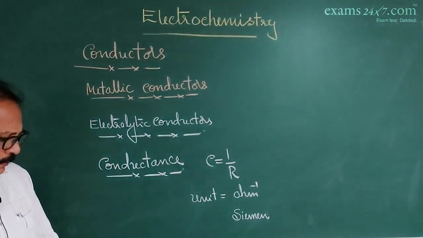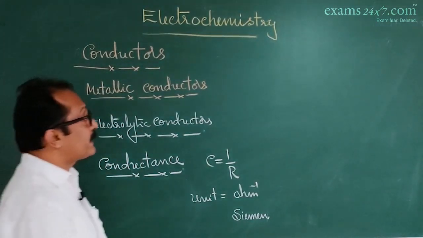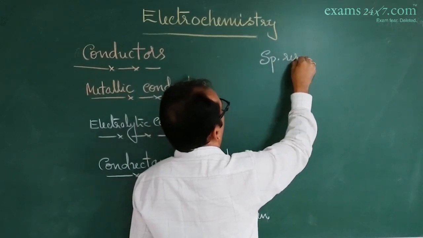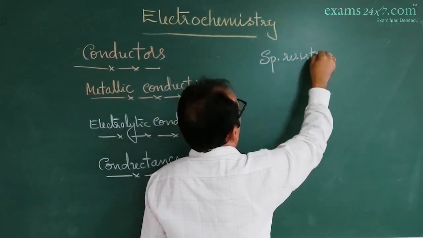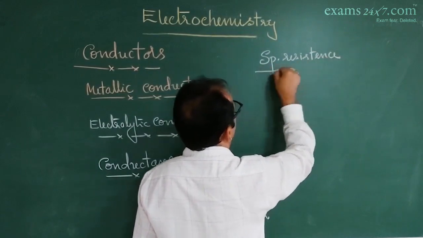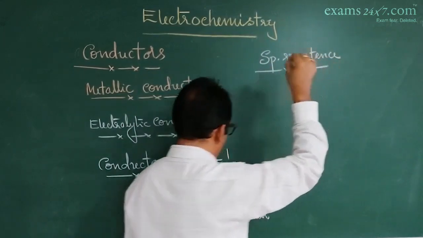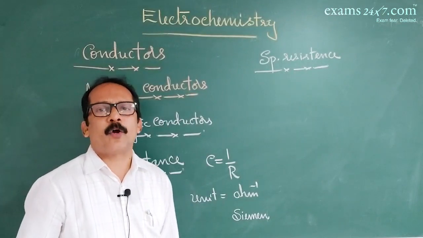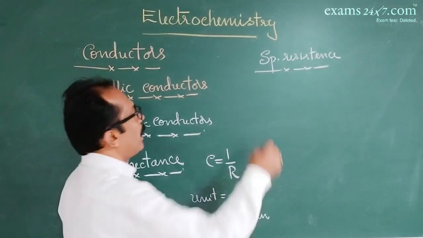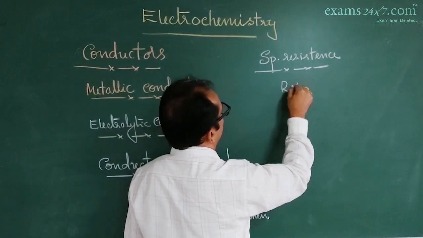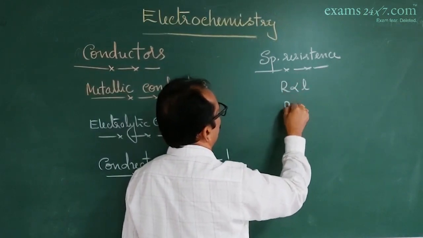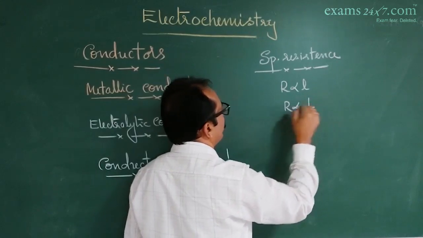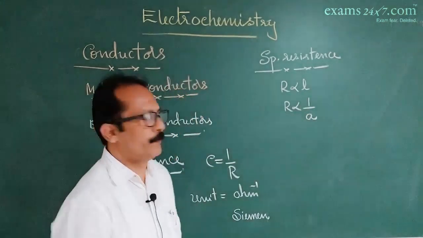Now, about the specific resistance. Resistance is directly proportional to the length of the electrode and inversely proportional to the area of cross section.